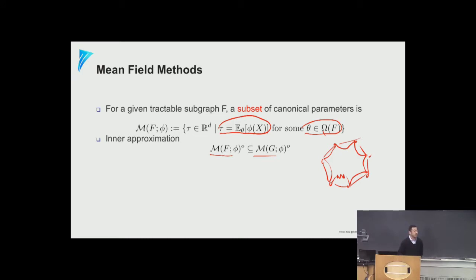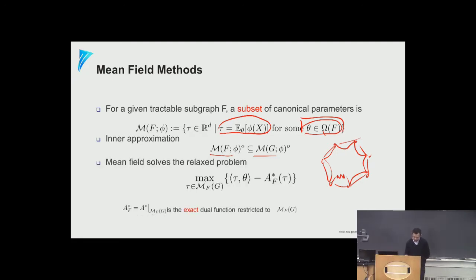Why is it an inner approximation? Just by intuition, it has to be within. Why? Because this is a subset of the full set of all possible theta, right? If it's a subset, then it has to be smaller. Therefore, it has to be within the marginal polytope. Okay, that's the beauty of this intuition.